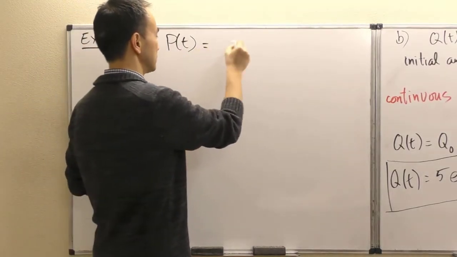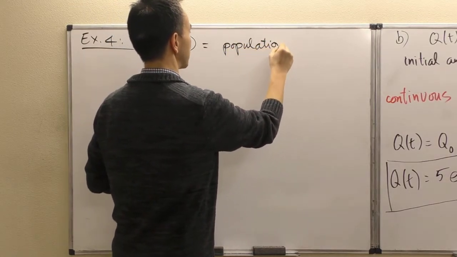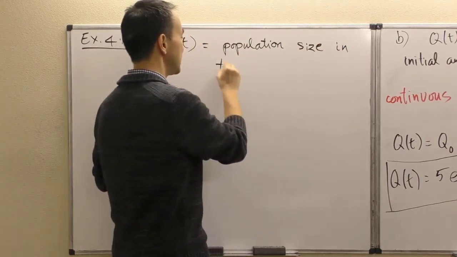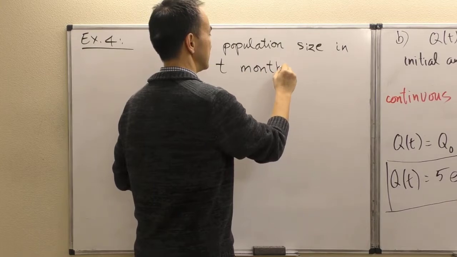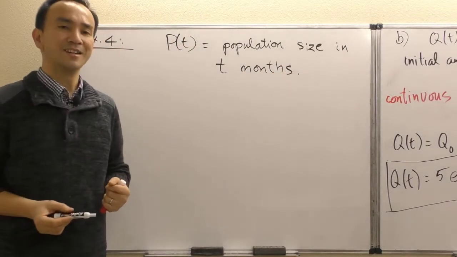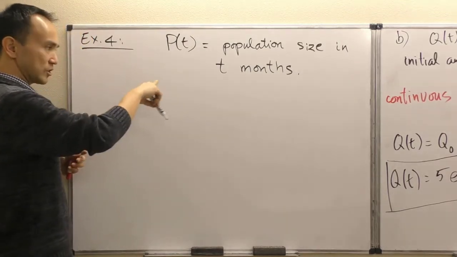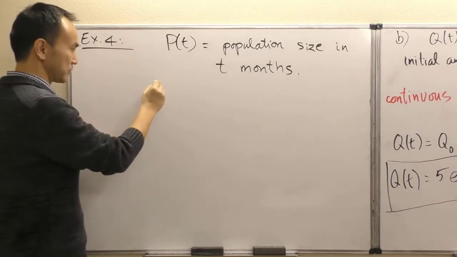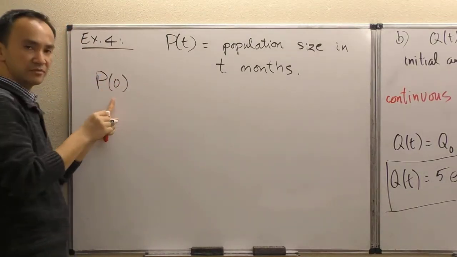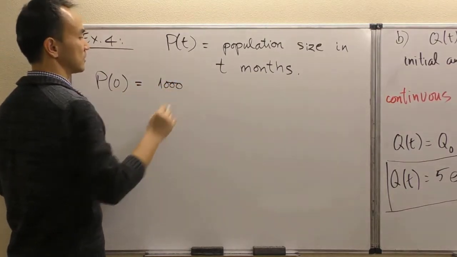Okay, so the population size in some t months after the initial point, of course. All right, and so now according to the given information, and this is also independent of any part, so p of 0, at 0 time, the initial time, we know that it's 1,000 ants at start.